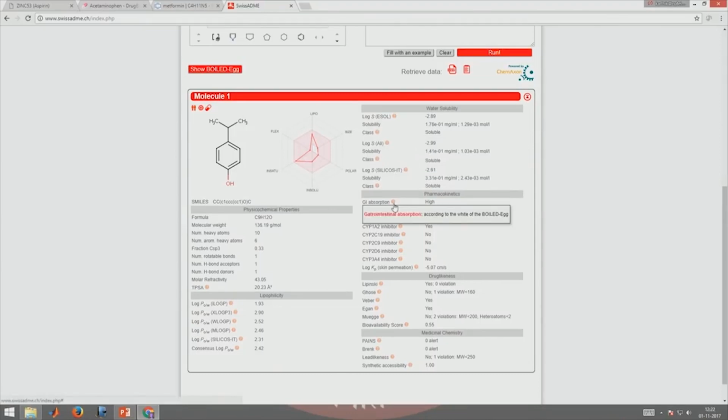Then GI absorption is very good, high. BBB penetration, again it penetrates through the blood brain barrier because it is a small molecule.